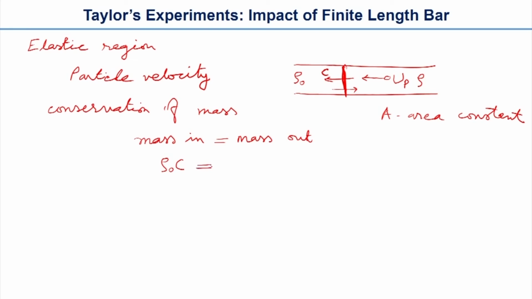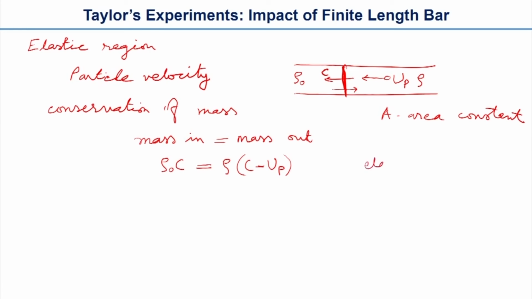Mass out is the density rho multiplied by c minus up, that is the relative velocity, because c is the velocity at which the interface is moving towards the left, and up is also the velocity of the particles or material towards the left side. So we end up with this expression for conservation of mass for the elastic front.